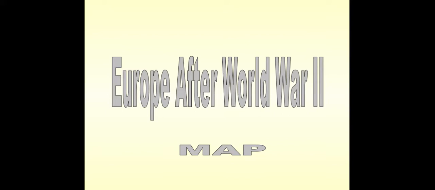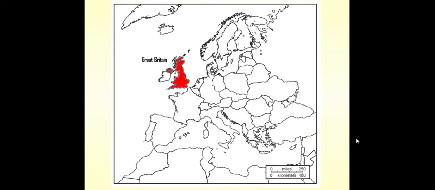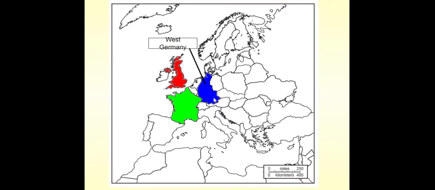So let's talk about what Europe looked like after World War II, all right? So here's our map of Europe. Now, some of these countries you recognize, some of them are brand new. We're going to start here. Of course, this is Great Britain, our island nation right there. Okay, not much has changed there. Then down here, of course, this is France. Now, here we go.